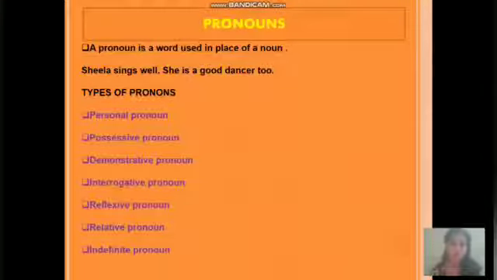So how will I replace this noun Sheila? Yes, you can replace this noun Sheila with a pronoun. Sheila is a girl, so I am replacing the word Sheila with the pronoun she. If I have the name of a boy, I will use the pronoun he.